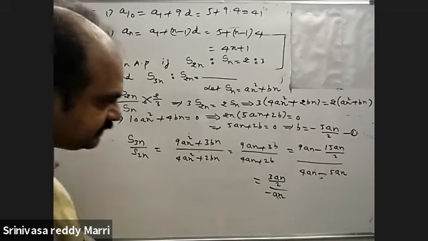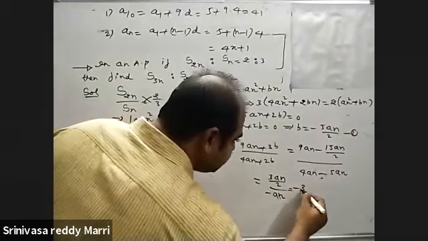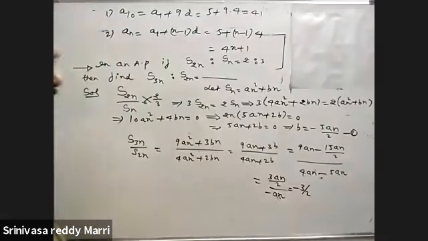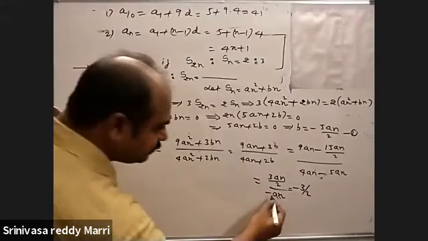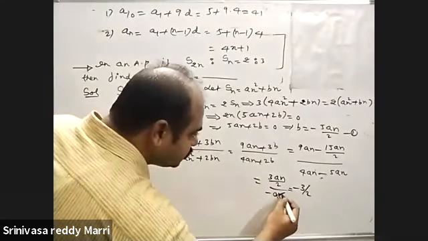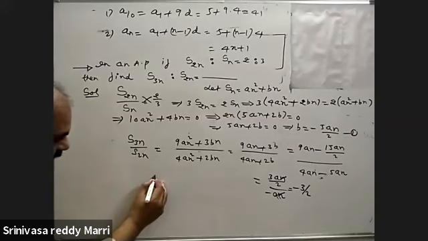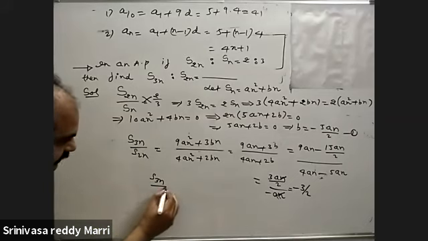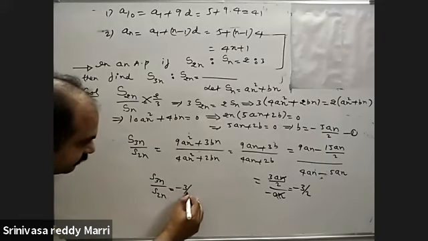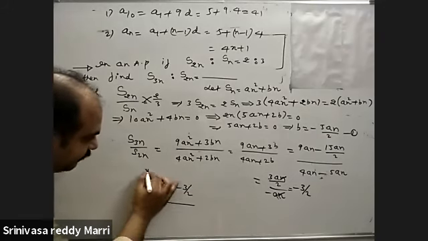That means you will get minus 3 by 2. The an will get cancelled. Final answer is S3n divided by S2n is nothing but minus 3 by 2.